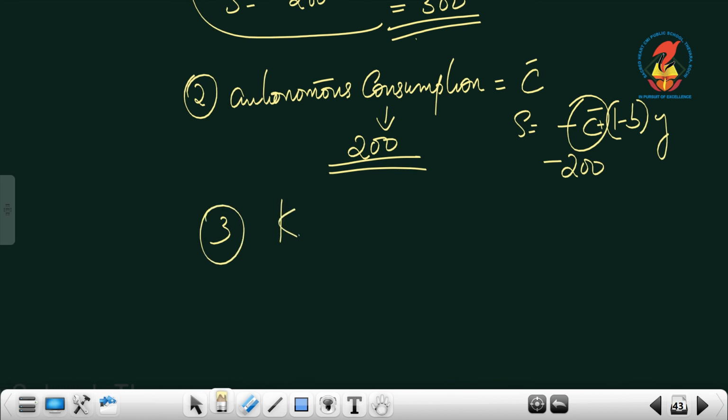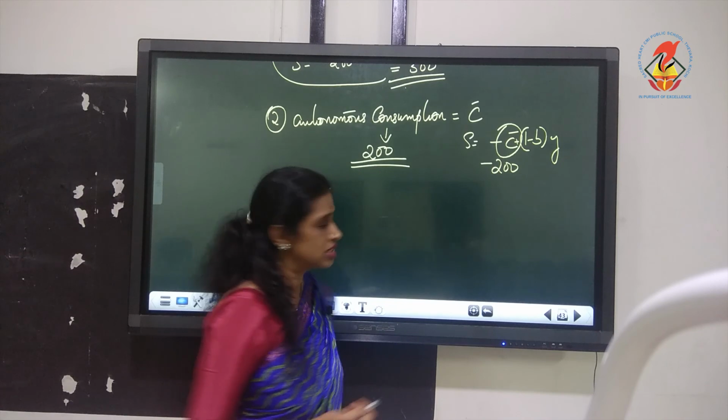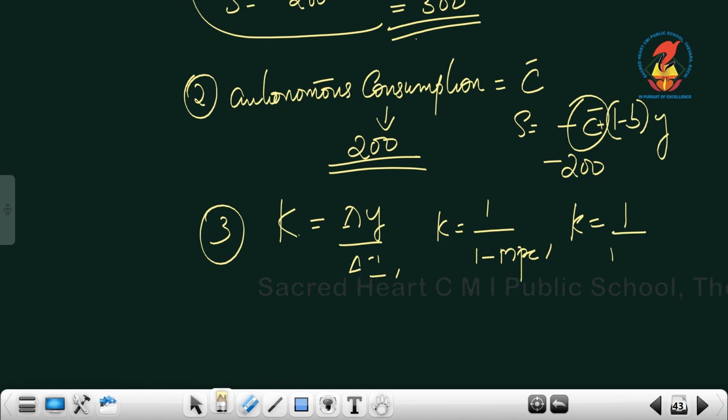The symbol for investment multiplier is K. Which are the different methods by which we find K? We have different formulas that we use, isn't it? K is equal to delta Y by delta I, K is equal to 1 by 1 minus MPC, and K is equal to 1 by MPS.